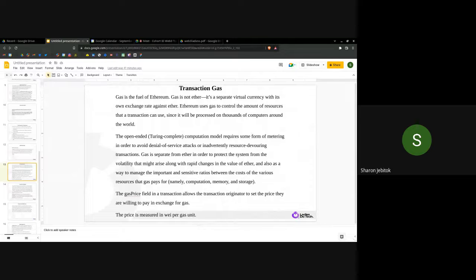These transactions will be processed on thousands of computers around the world, and these computers are now the nodes.